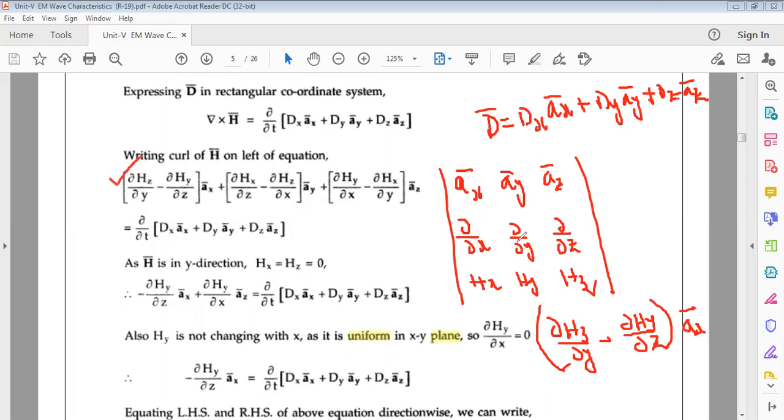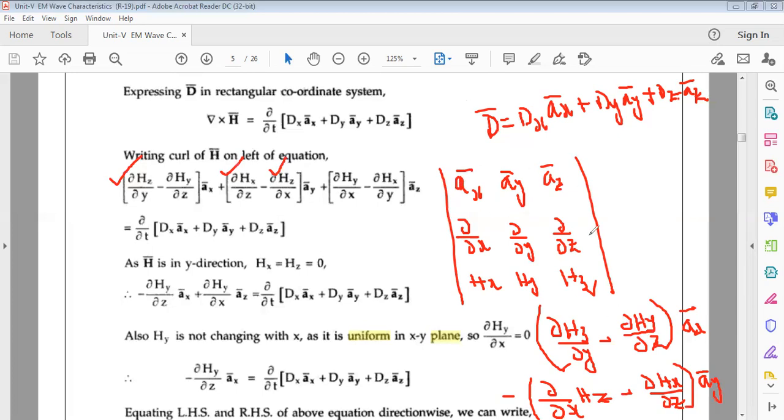The second term, ay bar, means ∂/∂x of Hz minus ∂Hx/∂z. The second term you can write as minus of ay bar, multiplying the minus here: ∂Hx/∂z minus ∂Hz/∂x into ay bar.